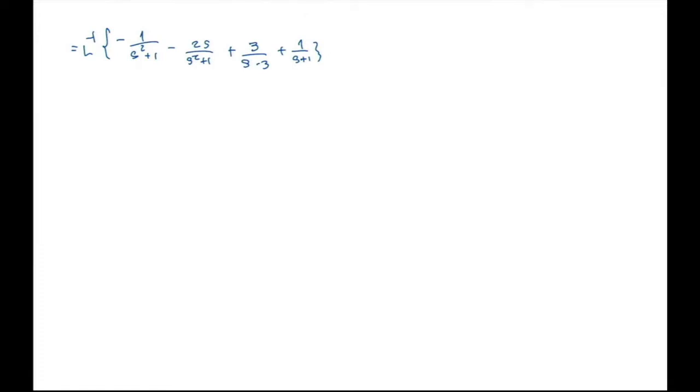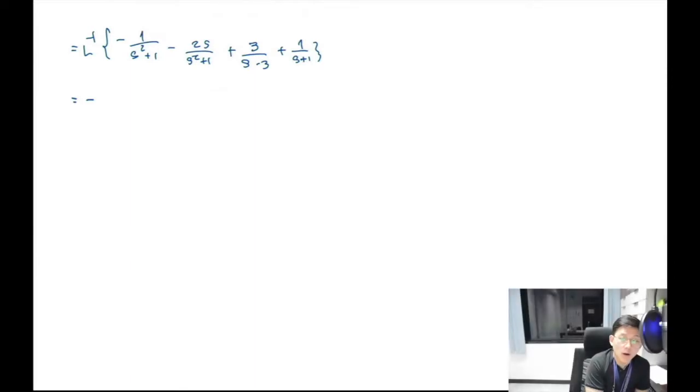This one is just the inverse Laplace transform of 1 over s squared plus 1, right? And what is the inverse Laplace transform of 1 over s squared plus 1? That will be sin t, right? Because the Laplace transform of sin t is 1 over s squared plus 1.